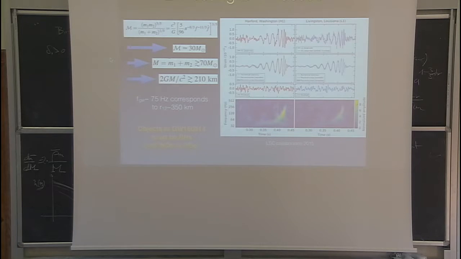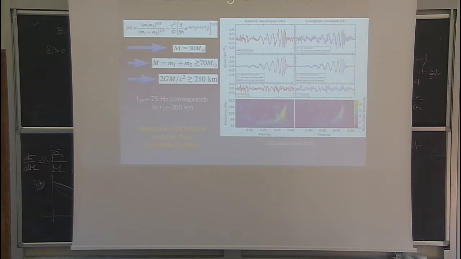So if these two objects were indeed black holes, you would expect that they should merge at about the ISCO separation for this gravitational radius. I mentioned before that the ISCO for a Schwarzschild black hole lies at 6GM over c squared. For a binary system, the factor 6 could be different, and you need to get the exact value of that coefficient from the post-Newtonian Hamiltonian.